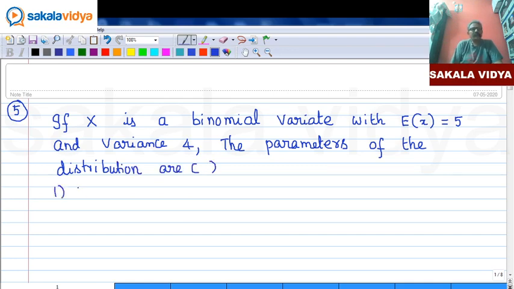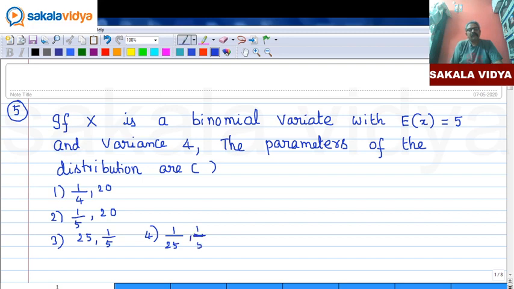First option 1 by 4 comma 20, second option 1 by 5 comma 20, third option 25 comma 1 by 5, fourth option 1 by 25 comma 1 by 5. See, by observing the options also we can say the answer.